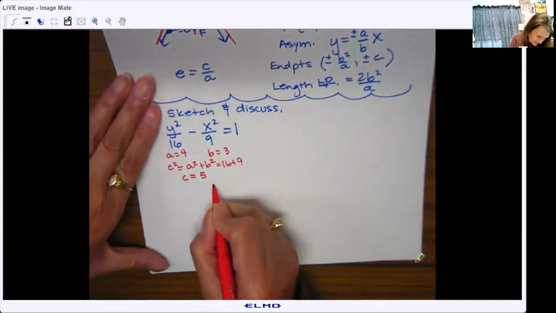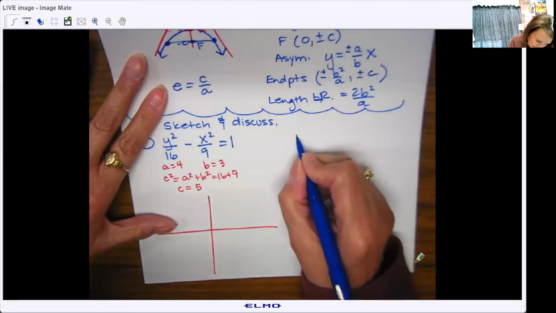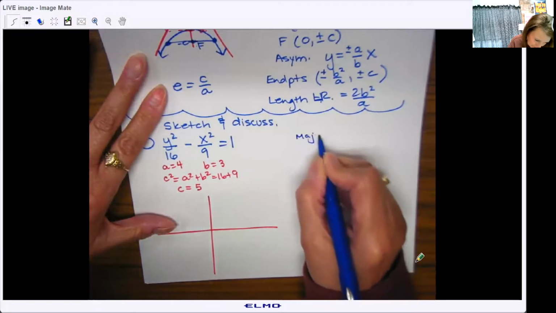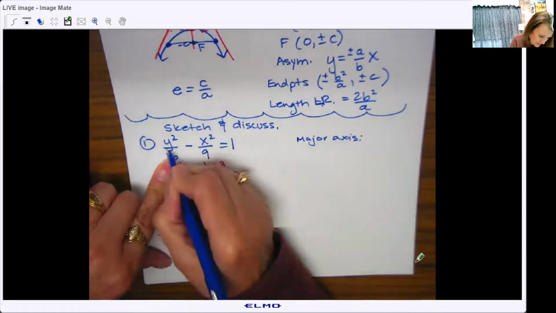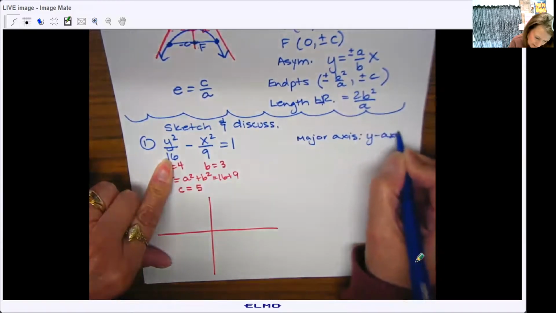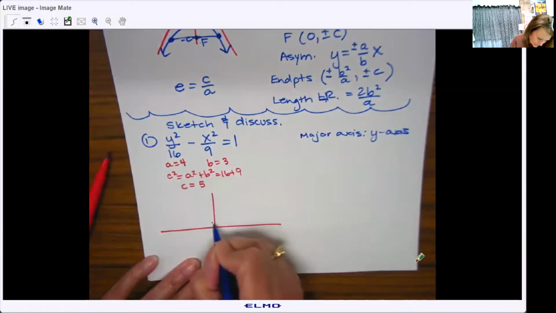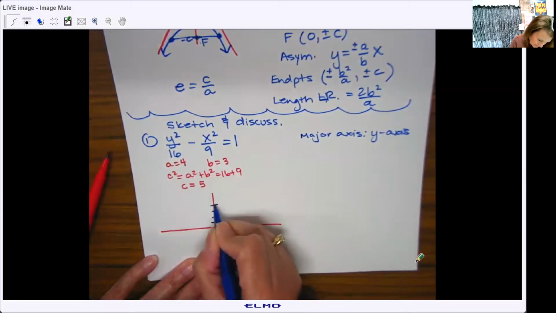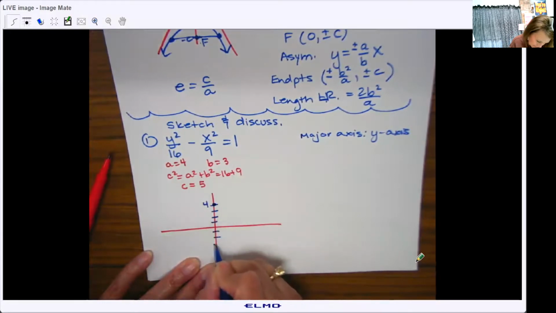Let's start sketching this thing. I can sketch it down here. Okay, let's start discussing it too. The major axis. That's easy enough. The major axis, because the y term is first and it's positive, is the y-axis. So on the y-axis, we're going to be going up 4, and there's going to be a vertex, and down 4, there's going to be a vertex.